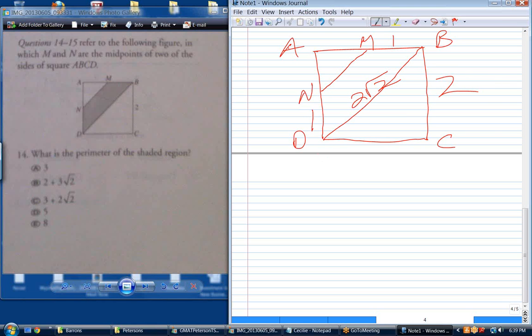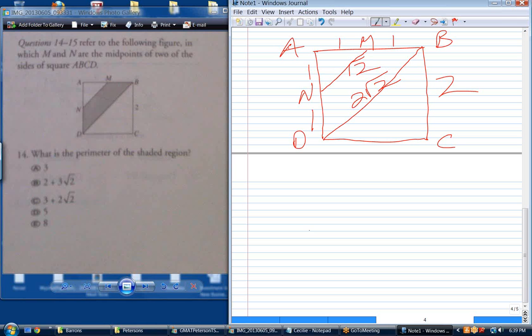And what is this diagonal here, the hypotenuse of this upper left triangle, equal to? This is 1, and that's 1. What's this other slanted side? Okay, now we have everything we need for the perimeter.